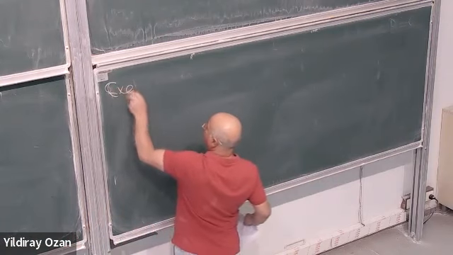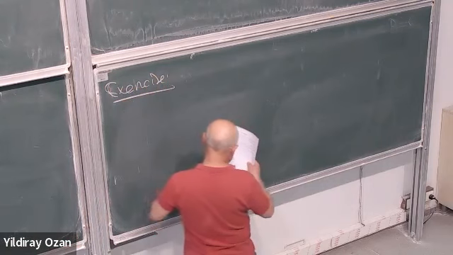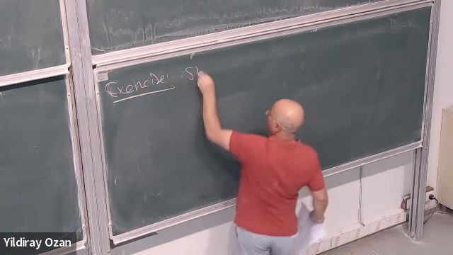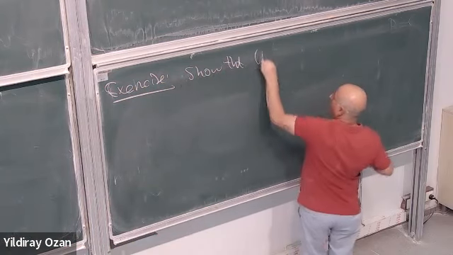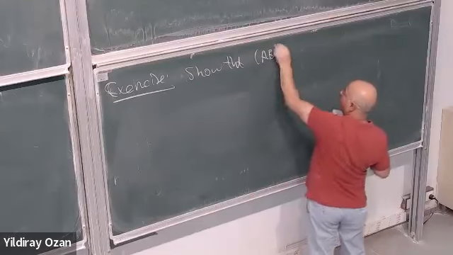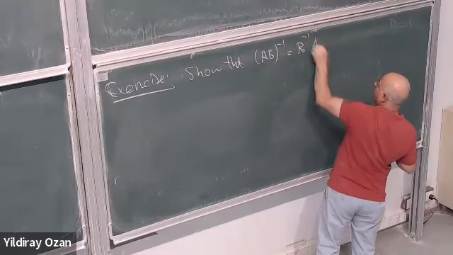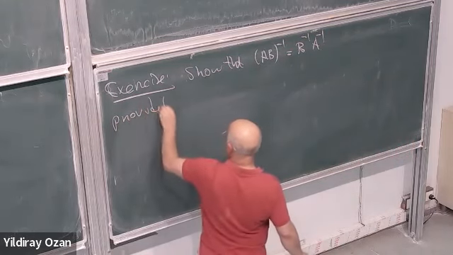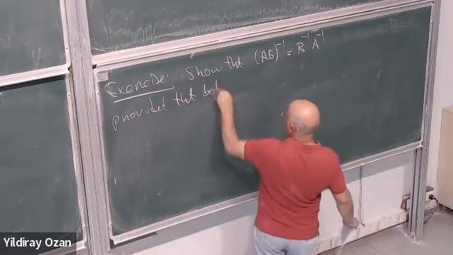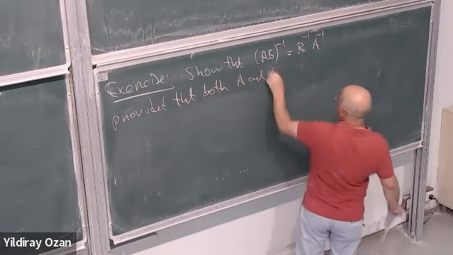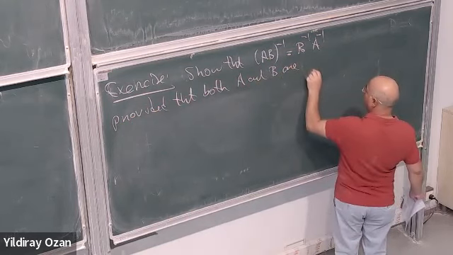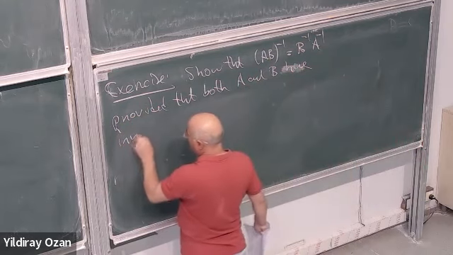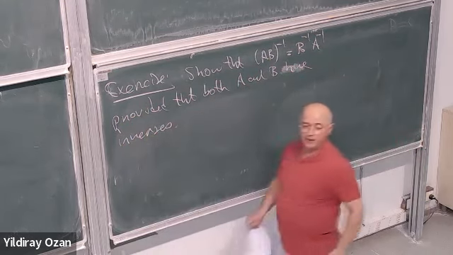Another exercise. Show that the inverse of A times B is B inverse times A inverse, provided that both A and B are invertible, and give the arguments.